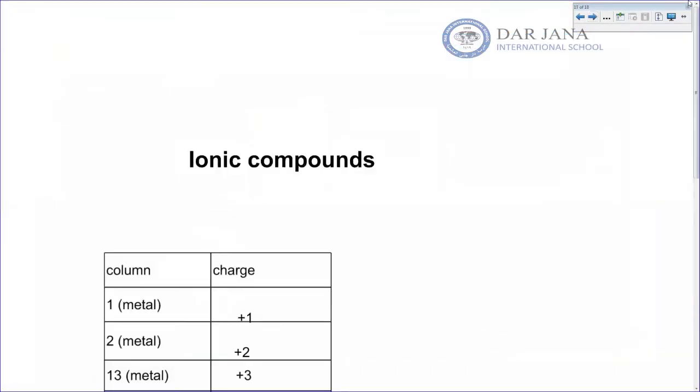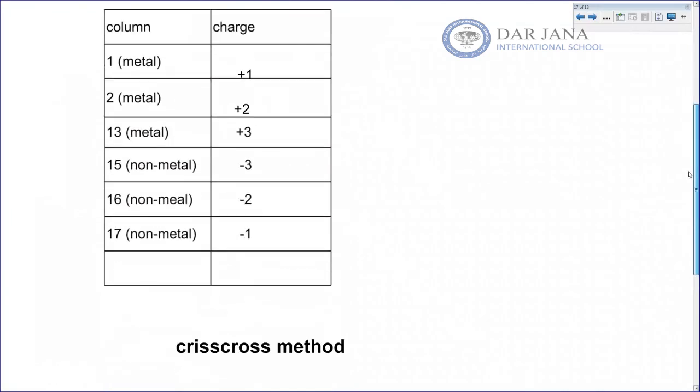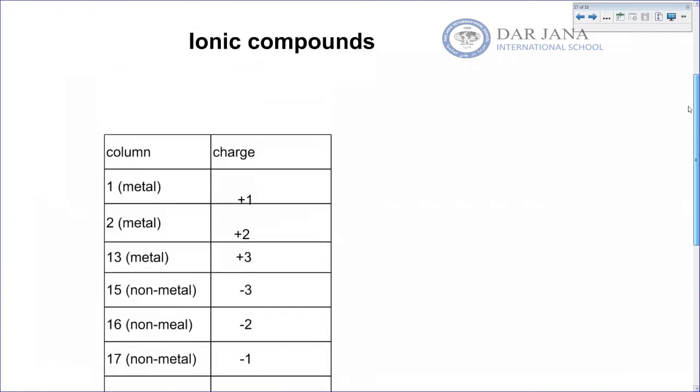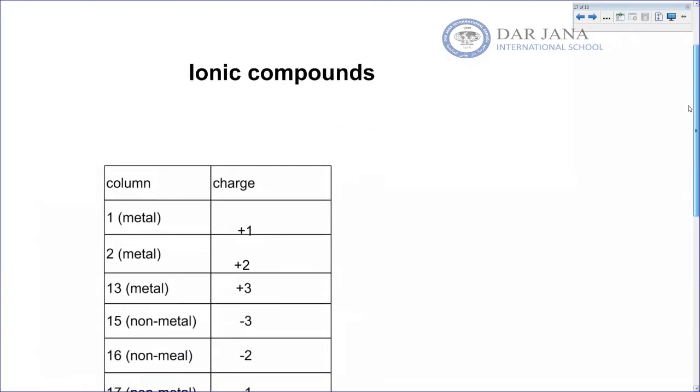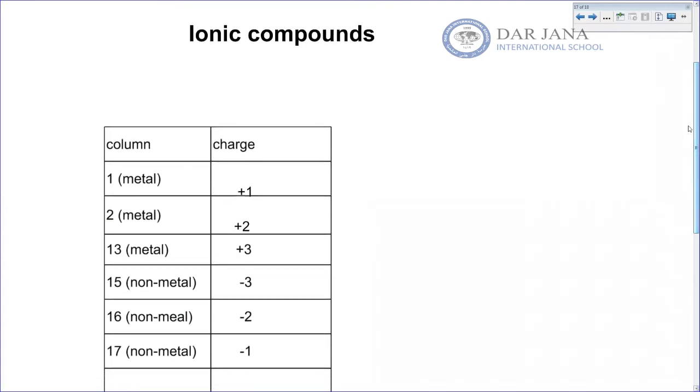Okay, let's have a look here. Now all of us know what an ionic compound is. But before studying how to form an ionic compound, first of all, we must remember that we have elements in group 1 and 2.